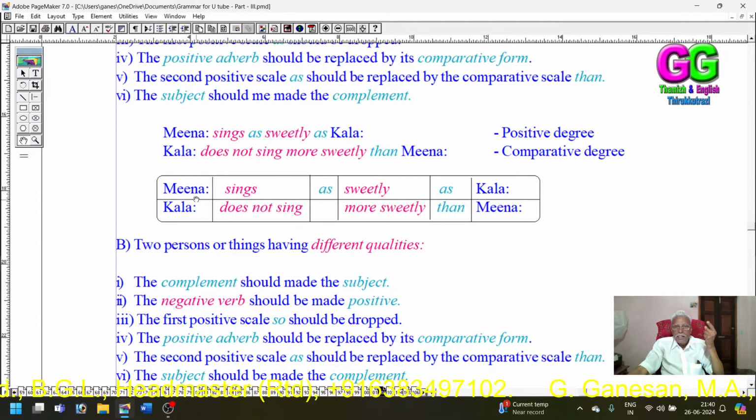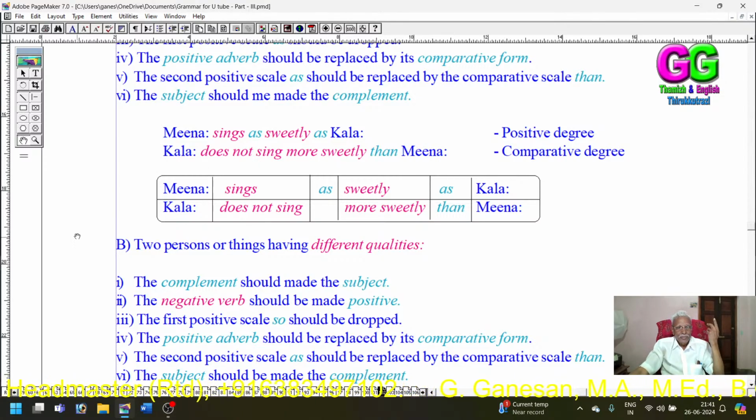Sixthly, the subject of the positive degree should be made the complement. That's all. So, Meena sings as sweetly as Kala. That is, Kala does not sing more sweetly than Meena.